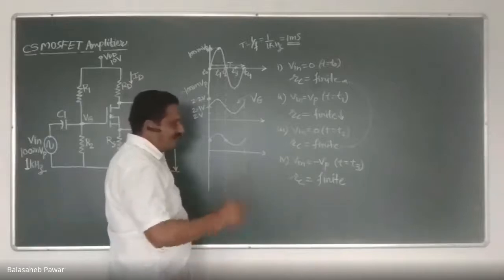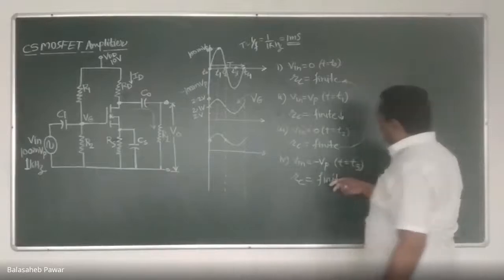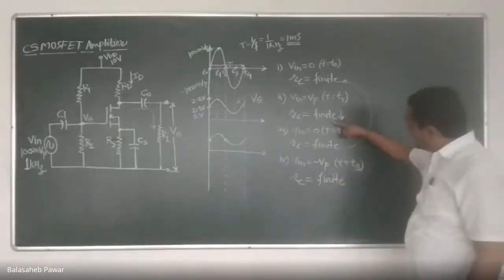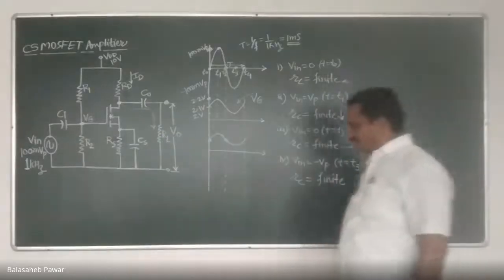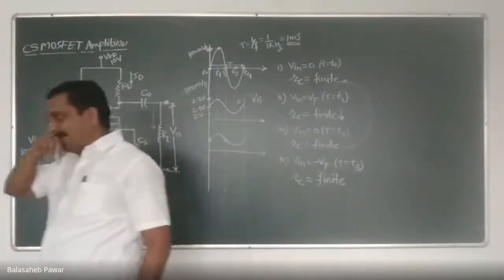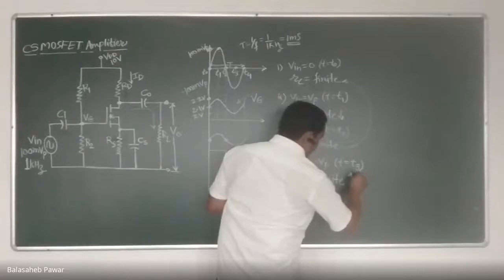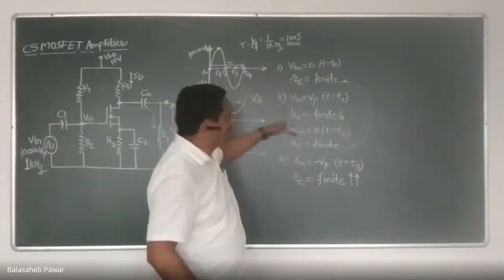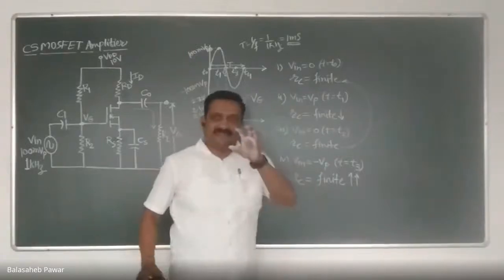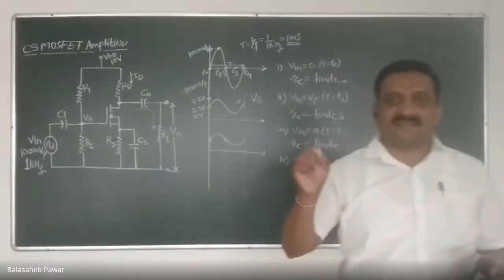Okay. Now, the question is, is it less than the second case or greater than all the first three cases? Greater than all cases. Yes, very nice. It will be finite, but greater than all the first three cases, because here the gate voltage Vg is the lowest. In the first case, Vg is 2.1.